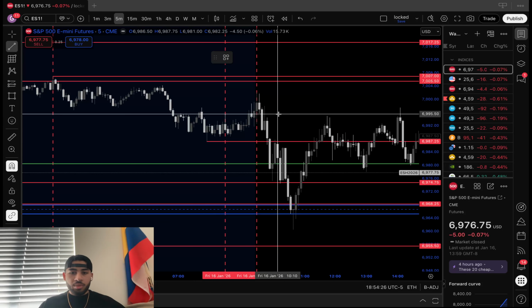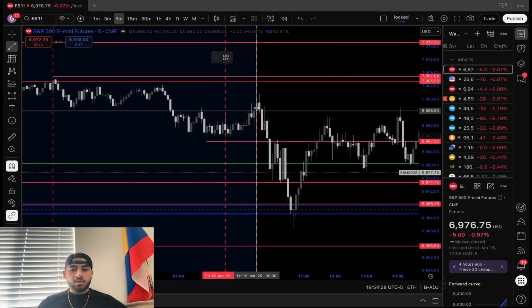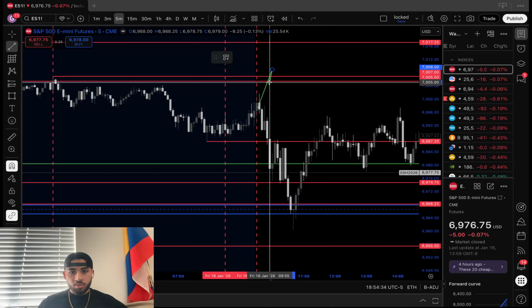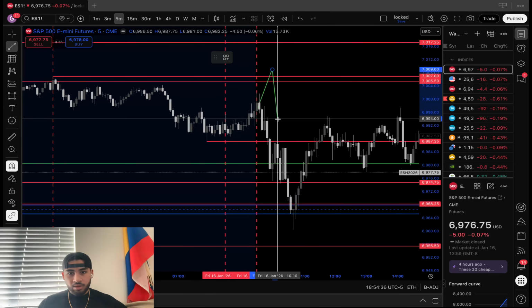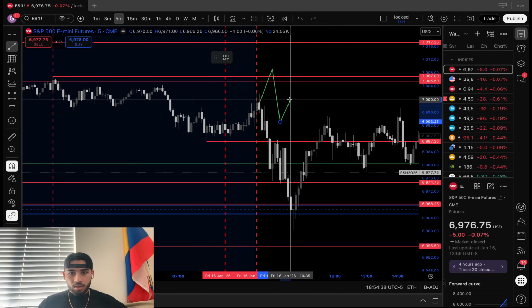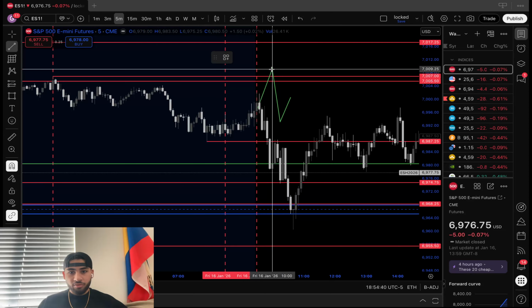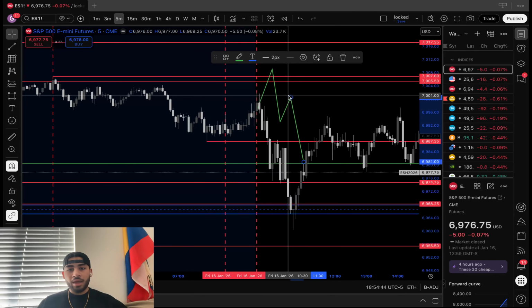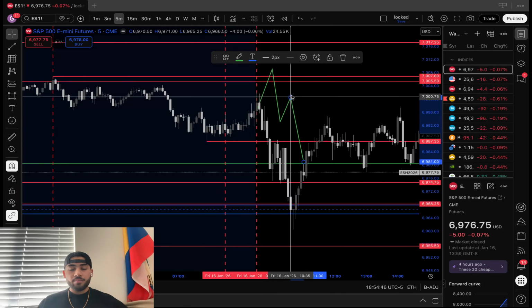Either way, I'll say, okay, if market opens and we sweep highs, and then we see a gap get formed right here, I want to see it come down, inverse that gap, retrace back into the gap that it formed on this inverse, and then move lower. And then my entry would be right here at this point.